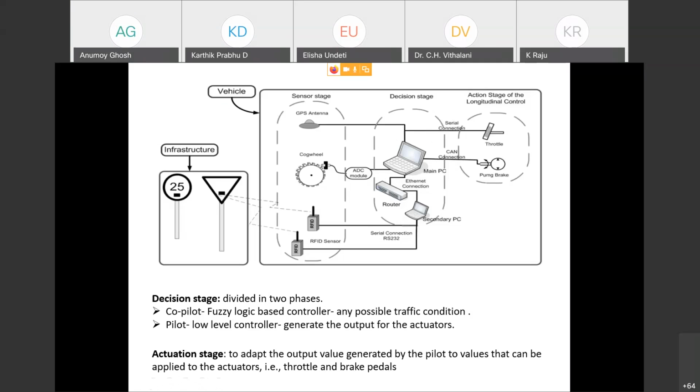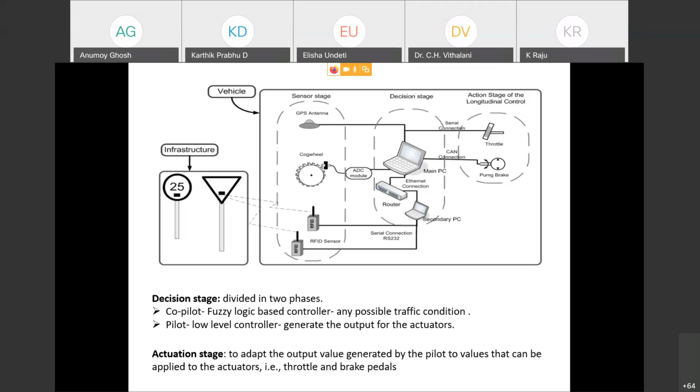So the controller will be able to decide what amount of voltage should be given to the actuator such that the throttle and the pump brake will work to reduce the speed, because if the car is moving at 60 km per hour, the brake and throttle should be pushed with a higher force. That is why more voltage will be required. That is why a simple op amp is not used in the decision stage.